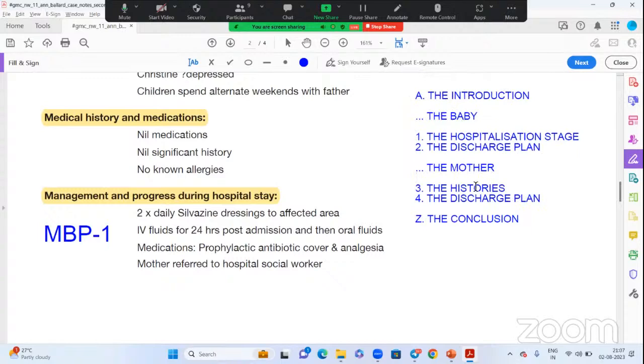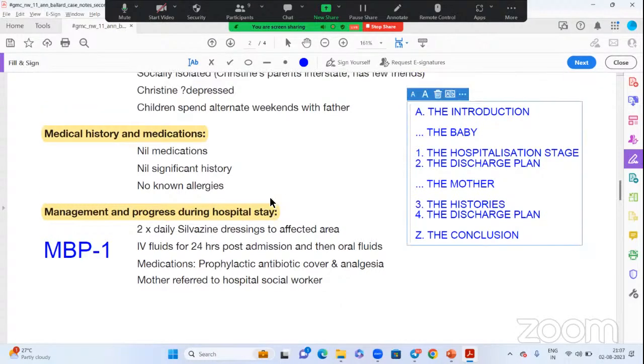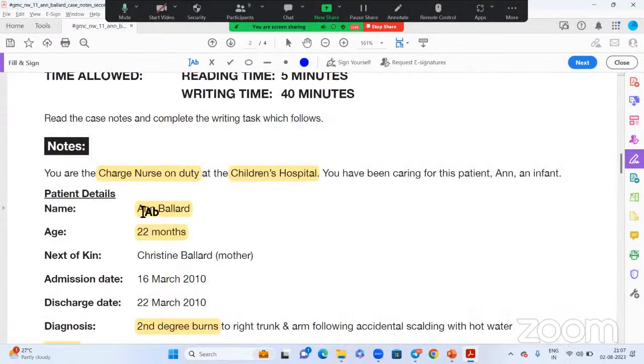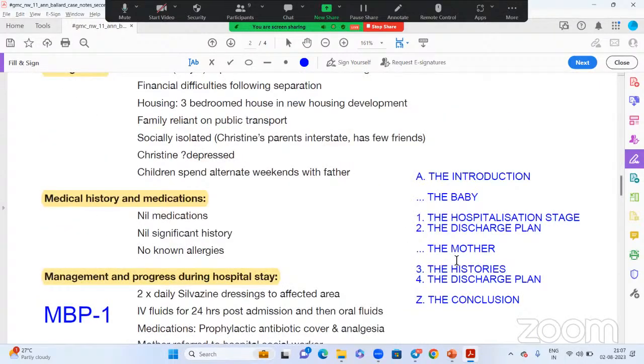Focus on the baby and then focus on the mother. Our main patient is the baby. Remember that. And Ballard. Main. So focus first on the baby and refer to the mother as Anne's mother, Christine. The mother, Christine Ballard. This is Anne Ballard.